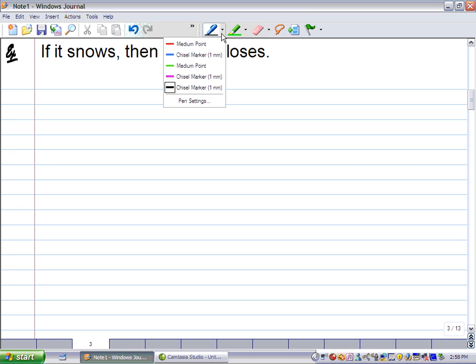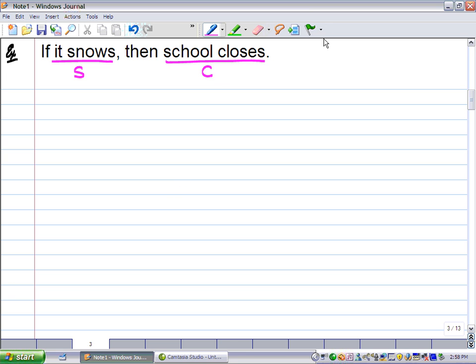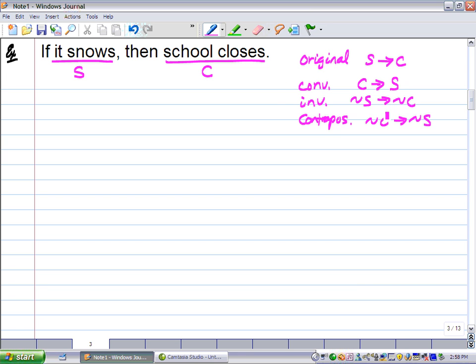Okay, so let's call if it snows S and school closes C. So our original statement is S implies C. So our converse is going to be C implies S. Our inverse is going to be not S implies not C. And our contrapositive is going to be not C implies not S.